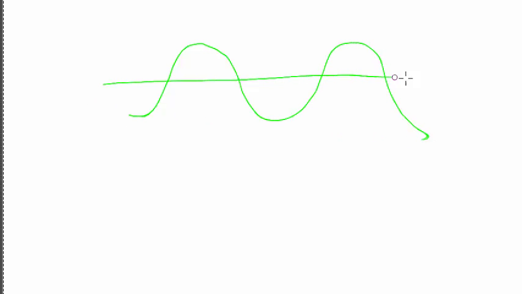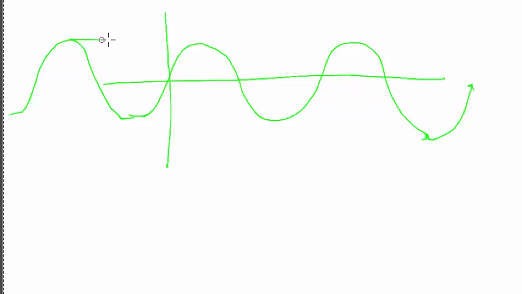What graph is this? Anyone? It's sine. Notice, sine has turning points.